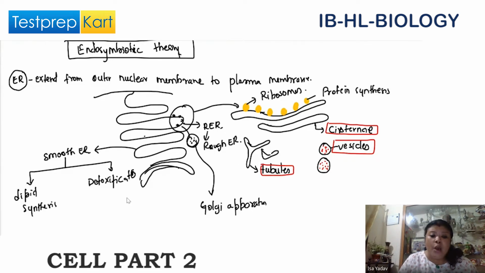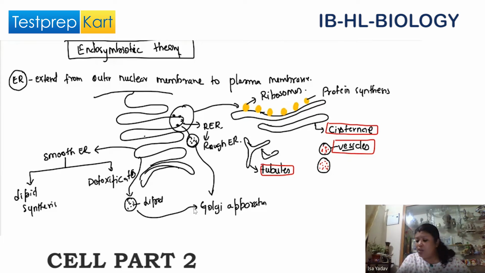Whether the endoplasmic reticulum is making protein or it's making lipid, both will be packed in vesicles and then sent to Golgi apparatus.